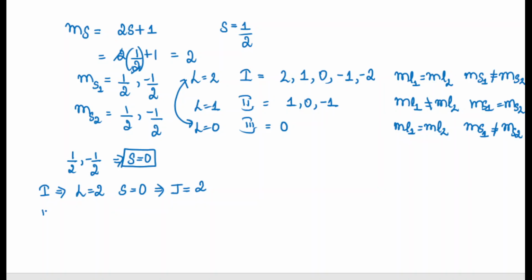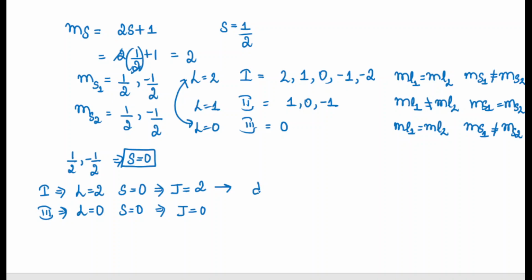Now for set 3, what is the L value? L value is 0 and even the S value is 0. If L is 0 and S is 0, then the J value is also 0. Now for this we need to write the term symbol. To write the term symbol, we have J, S and L. If L is equal to 2, the symbol is D. Getting my point, everyone?